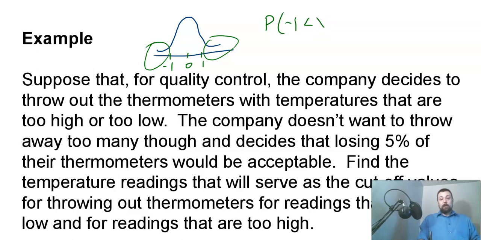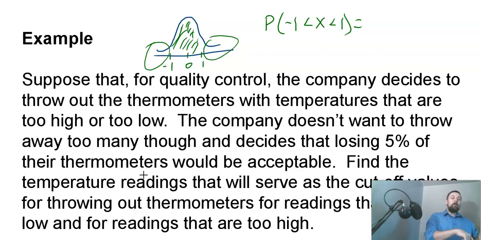Well, let's calculate that probability, right? So this will be, and again, I have the data values this time, right? -1 to 1, those are the temperature readings, and I want to find the area. So this is where students start to get confused, right? Because now you have to make a choice. Do I use normal CDF for this problem, or do I use inverse norm for this problem? So again, I want to emphasize, if you have the data values and you want to find the area or the probability, that's normal CDF.